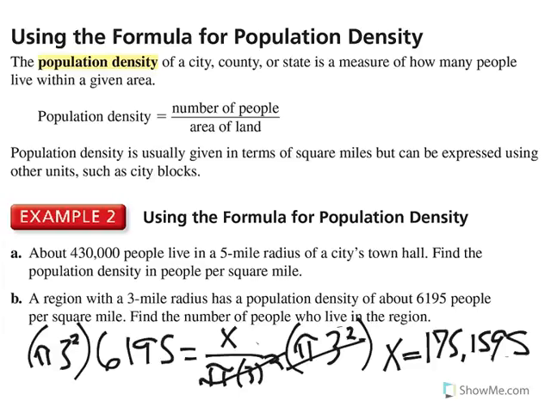And that would be the number of people who live in that region. Since we're counting people, we can't have half a person, so we're going to round up. So 175,160 people live in that region.